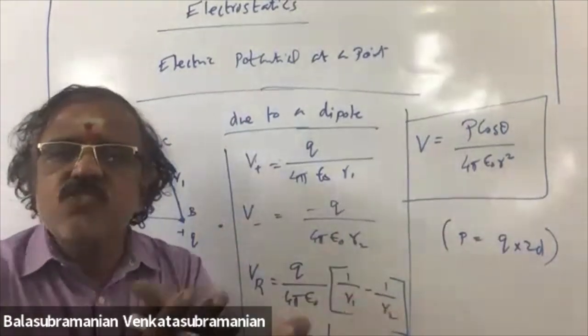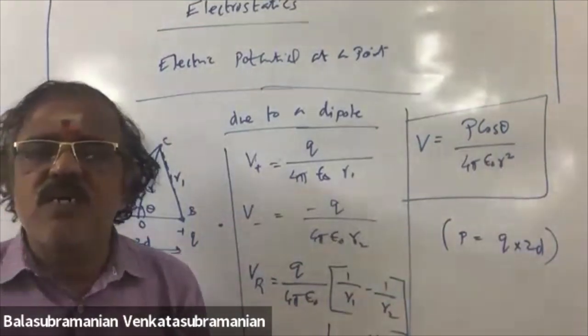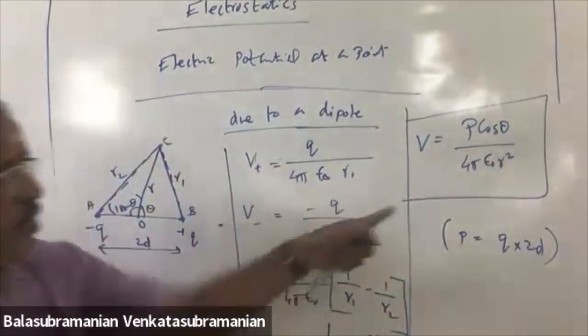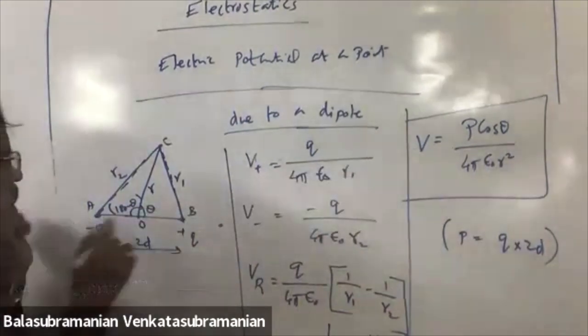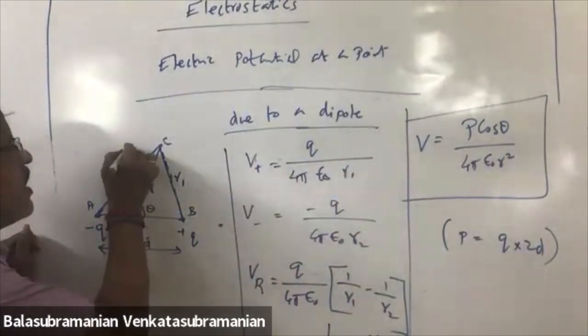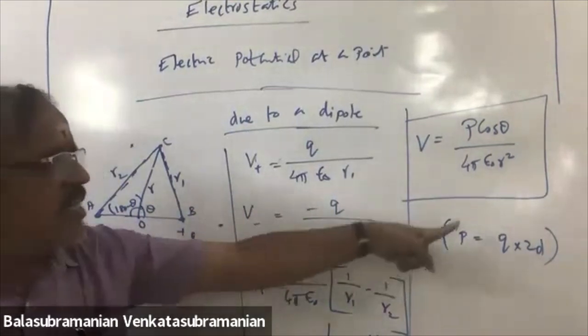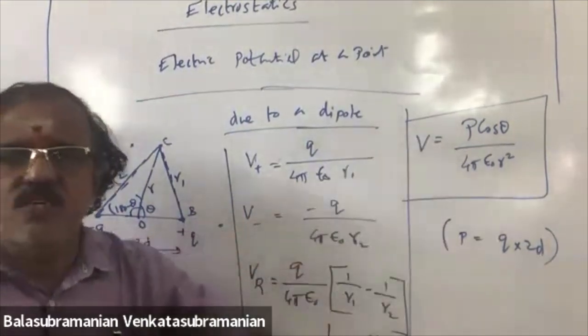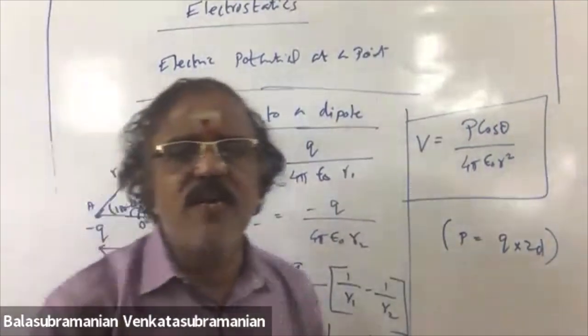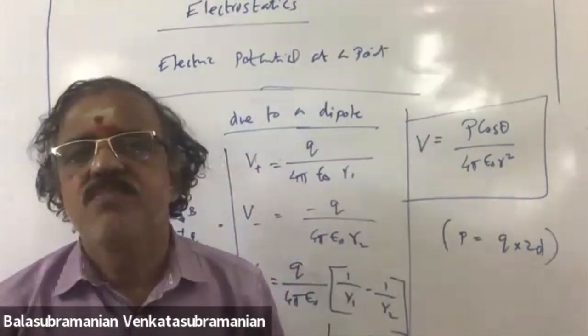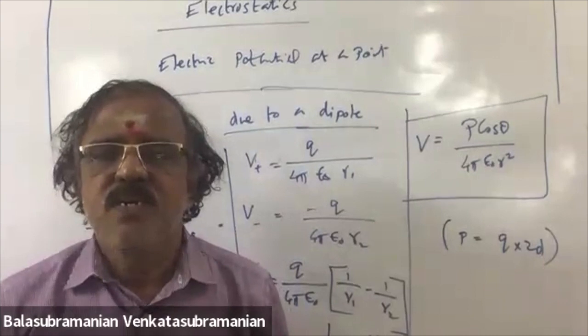In between these two, theta is equal to 90. When you put theta equal to 90, the point C will be exactly at the perpendicular bisector. Theta 90 means cos 90 is 0, so potential is 0. That's what I told you while teaching the basic concepts.